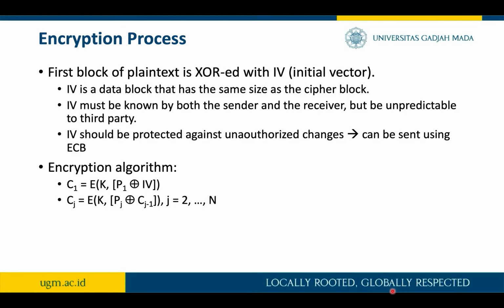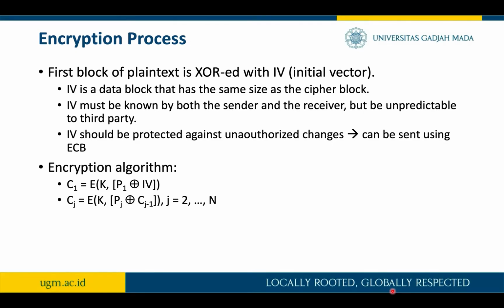The IV must be known by both the sender and the receiver, but it must be unpredictable to a third party. The IV should also be protected against unauthorized changes. So it is a kind of key as well, but not the key itself.